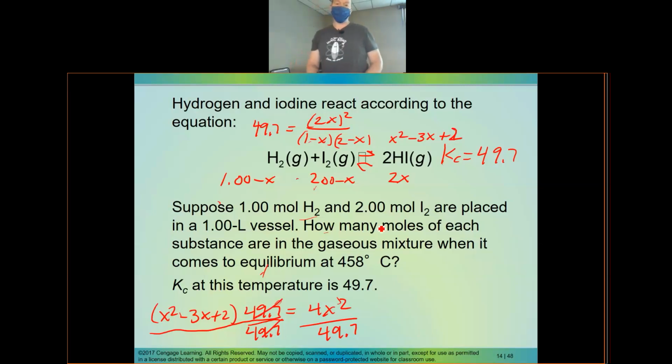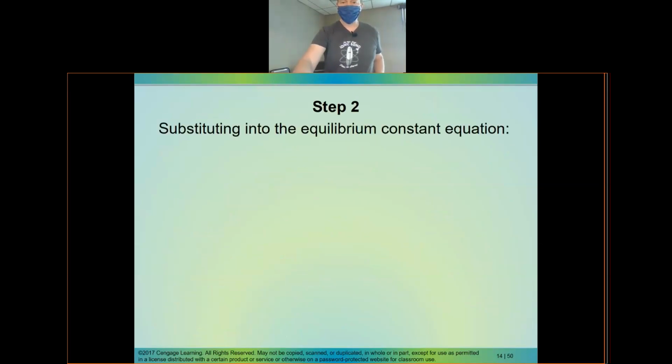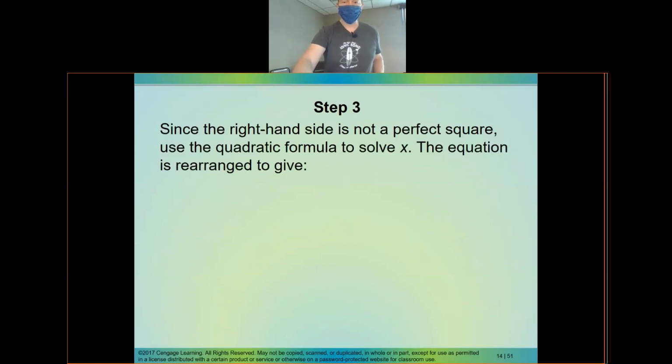And then when you take your 4 divided by the 49.7, you get your 0.0805 x squared, and then you just subtract your 0.0805 x squared on both sides. So when they had this, we did that exactly the same.